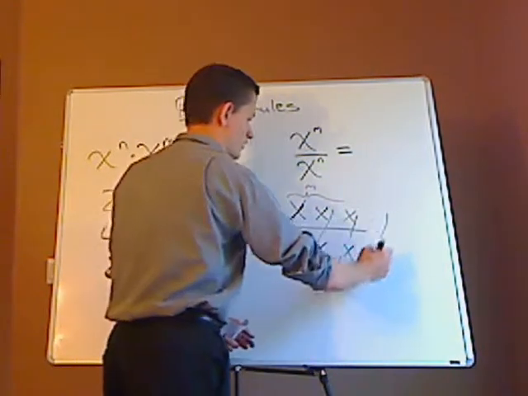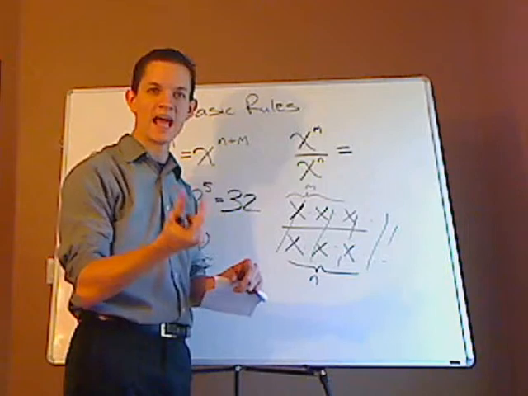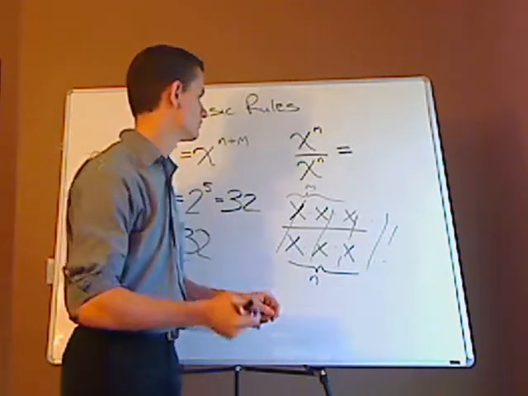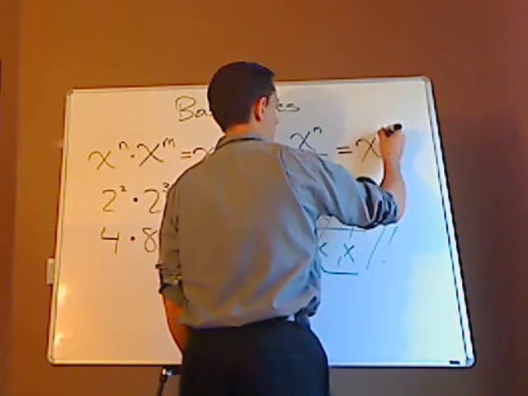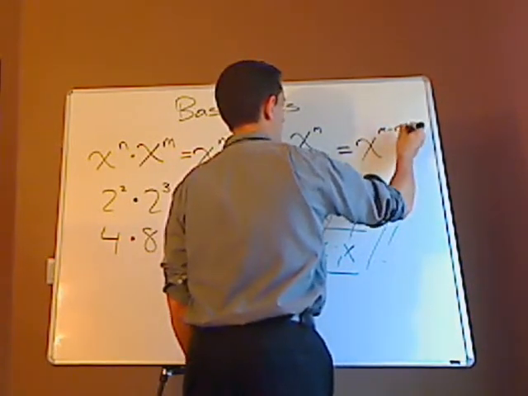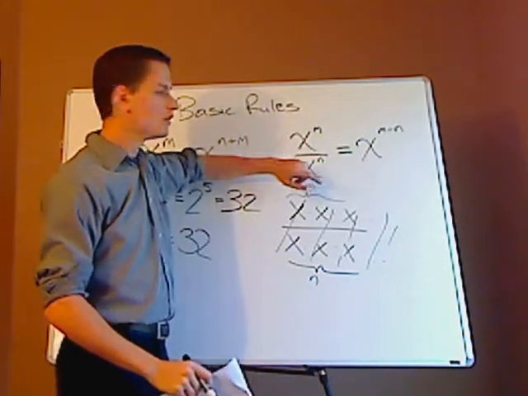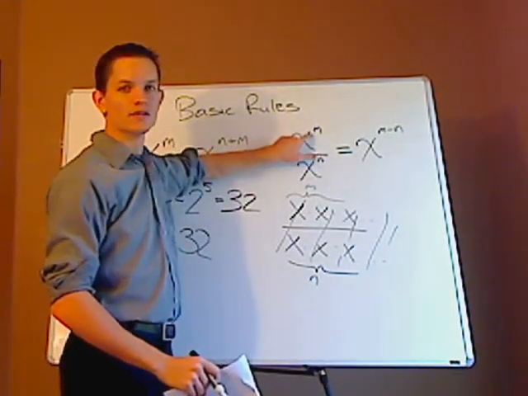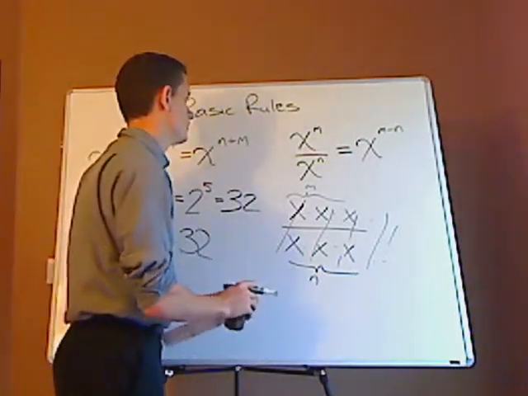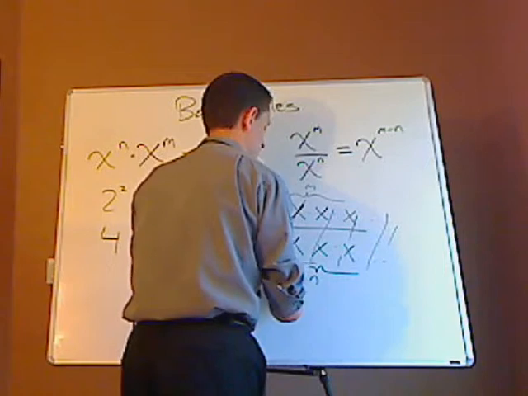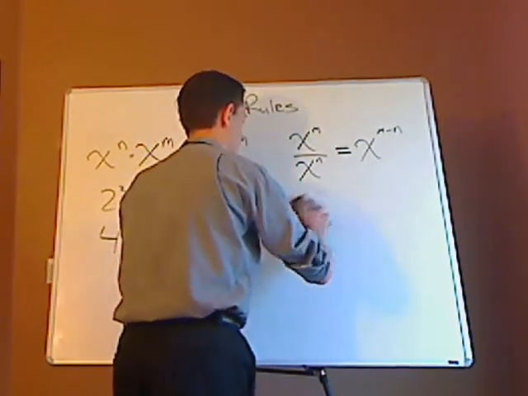And it's going to keep going until one of them runs out, and you're just going to have the difference of the two. So that's what it is. You have x to the m minus n. You always take the difference of the two, and where you place the result is where you start at.